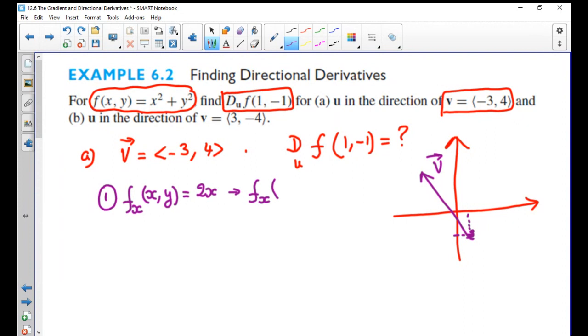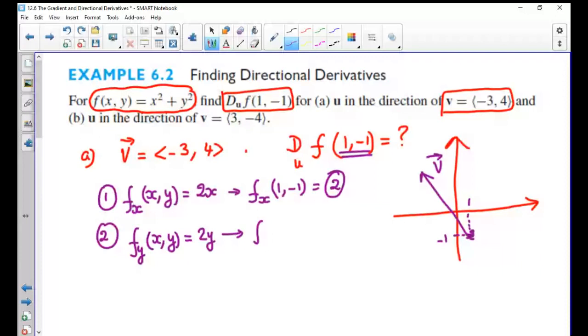Yeah, (1, -1). So substitute, you will get 2. What is the second thing? Fy, yeah, I need Fy now. Fy is 2y. So the value at (1, -1) will be -2.